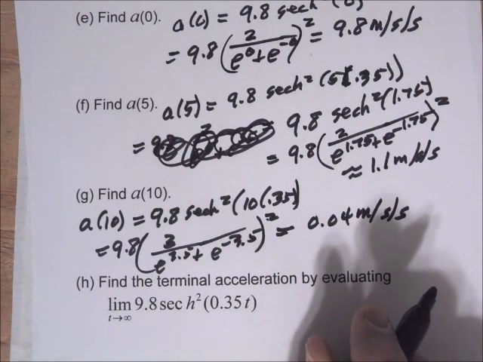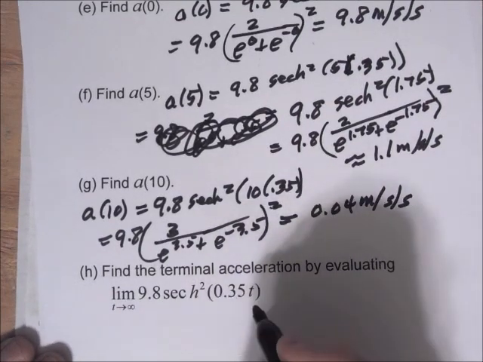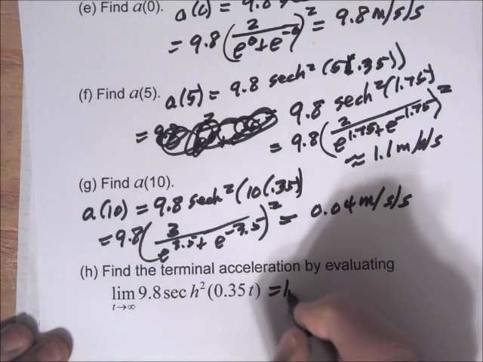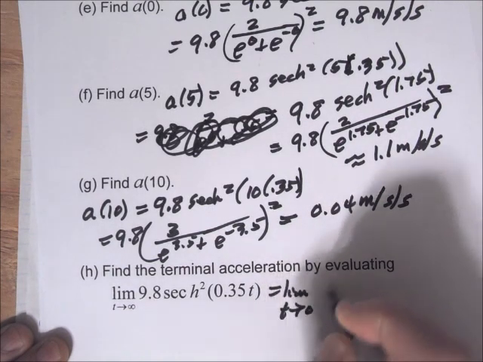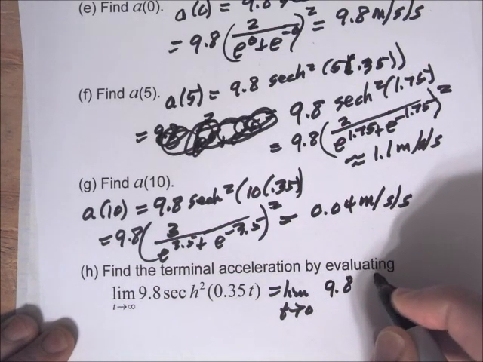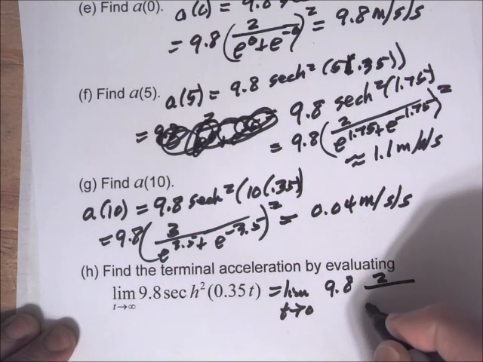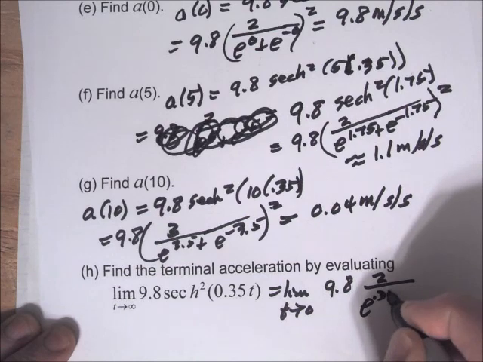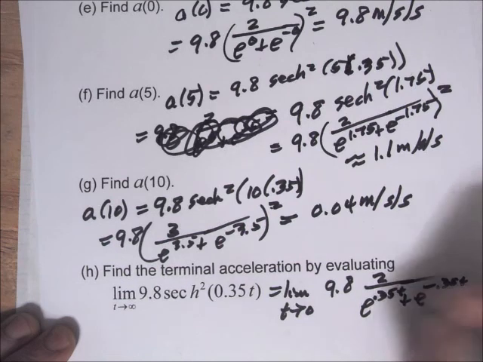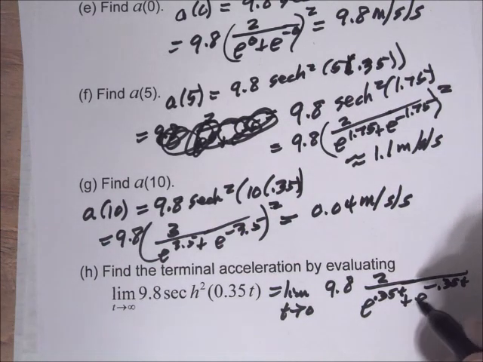Okay, and then the terminal acceleration, we want to take the limit. So the limit as t goes to infinity of 9.8 times 2 over e to the 0.35t plus e to the minus 0.35t, and this is squared.